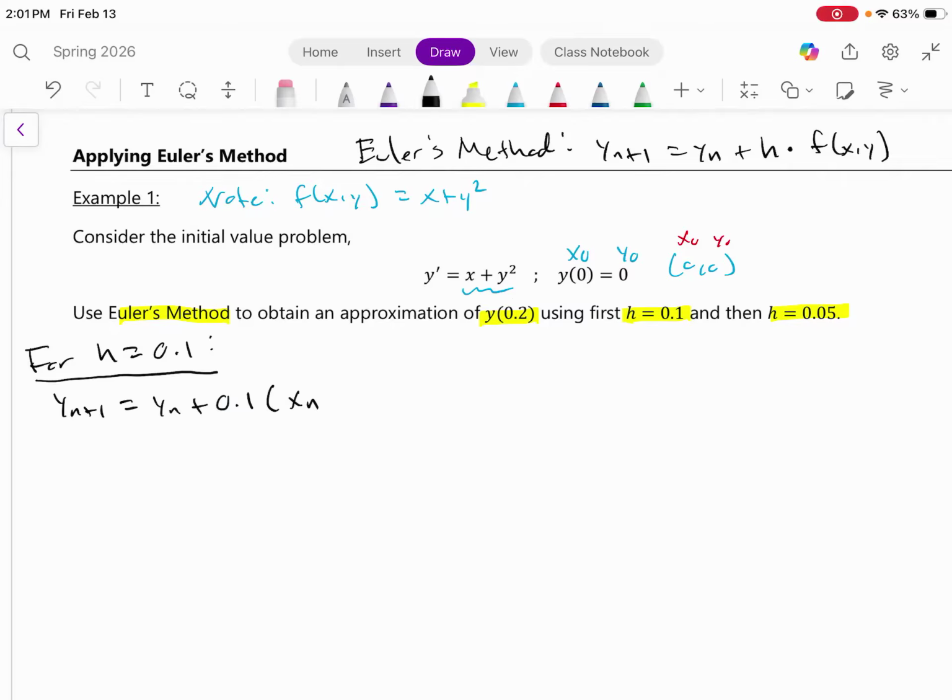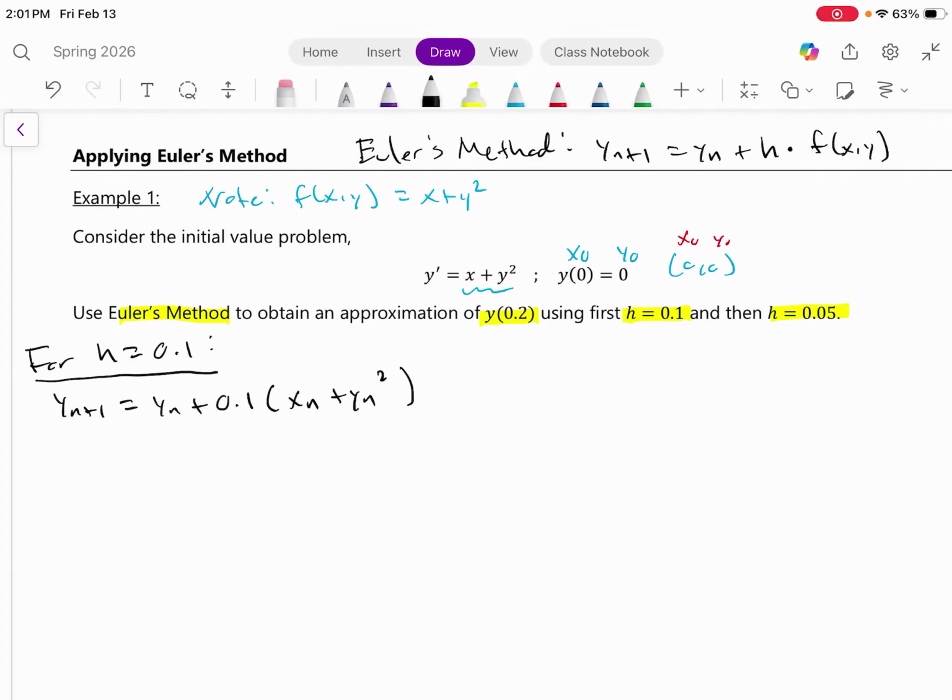So x plus y squared turns into x sub n plus y sub n squared. We're going to use this and go up each step size.